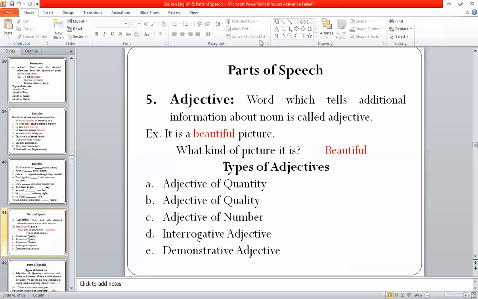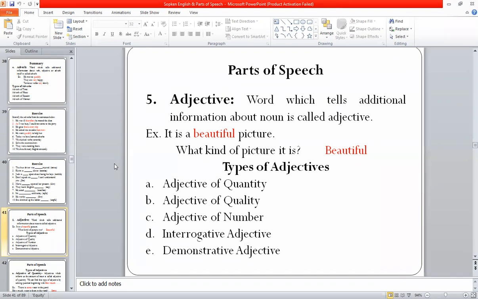What kind of picture it is? If we ask this question, then it will answer beautiful, and that is why beautiful is the adjective in this sentence. Then there are also the types of adjectives. Totally 5 types of adjectives are there.